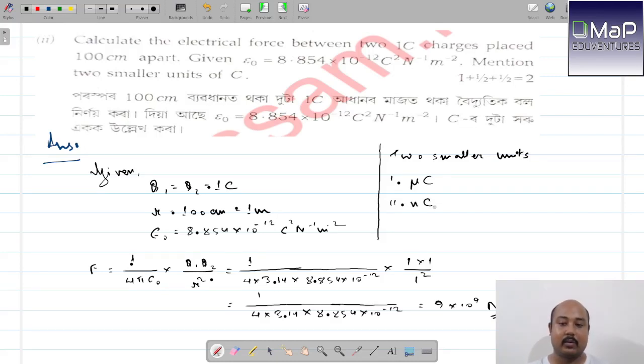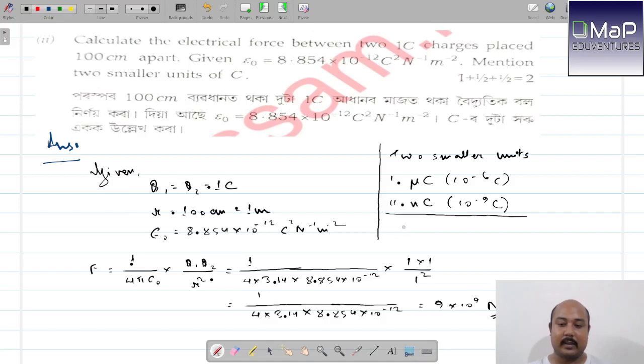So nano coulomb is 10 to the power minus 9 coulomb. These are sub-multiples, which we consider as smaller units. Otherwise, what other units do we have?